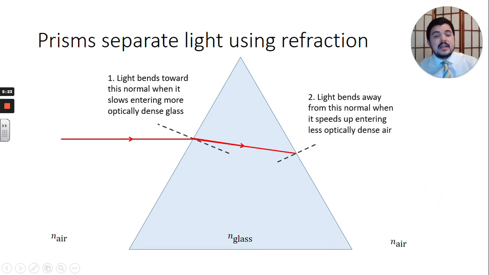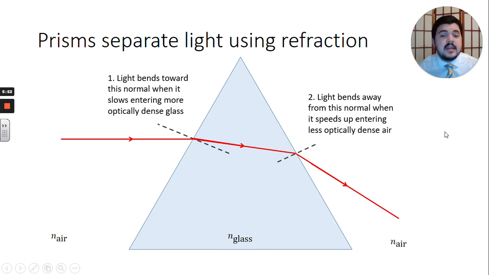And now light is going to speed up. Since it's entering that less optically dense air, it's going to bend away from the normal. Bending away from the normal at this angle looks like this. So we get refraction that bends toward the bottom of the screen twice because of the geometry of the prism giving different helpful normals. So that's what a prism's doing.